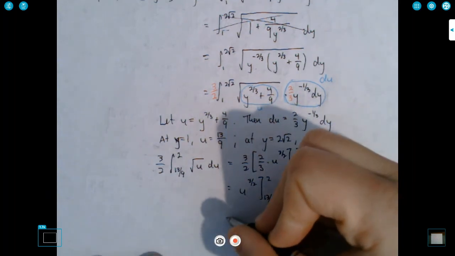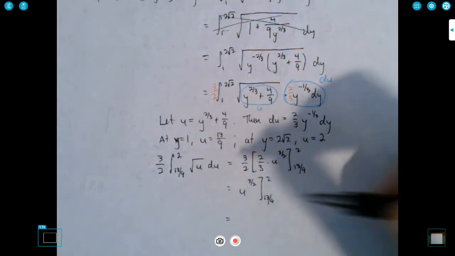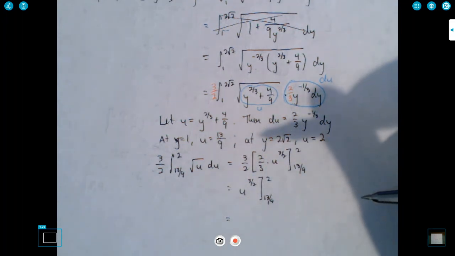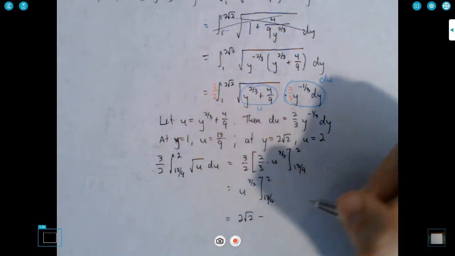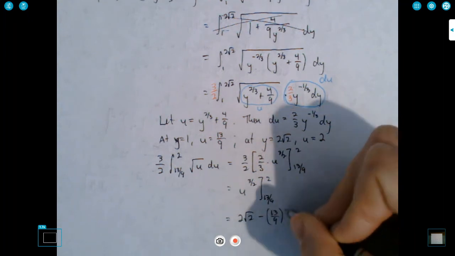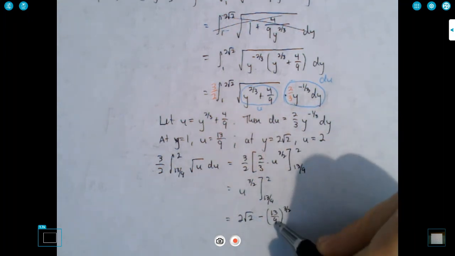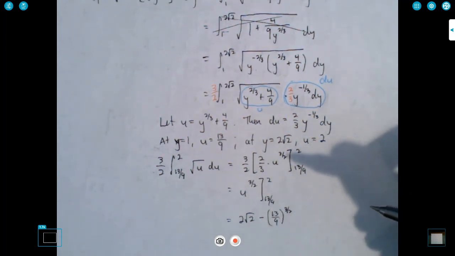So you plug in the 2 and what do you get? 2 cubed is 8, then you take the square root, you get 2 root 2, right? So you get 2 root 2 minus, I don't even want to think, 13/9 to the 3 halves power. I mean, square root of 9 is 3, and then cubed is 27, so you get a 27 down there. But the 13 isn't nice at all.